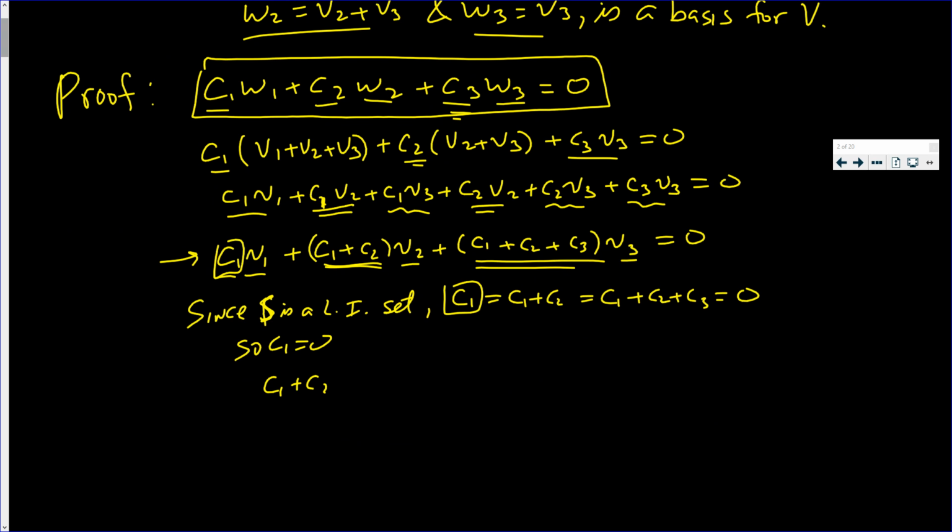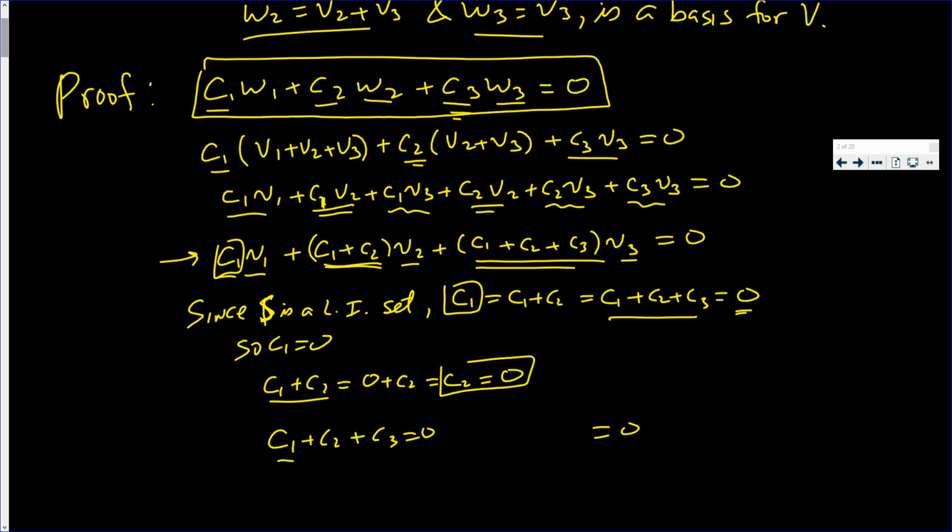So C1 plus C2 is equal to 0 plus C2, which is C2, and it too equals 0. That means C2 is 0. Now, if C1 plus C2 plus C3 equals 0, but we just learned that C1 is 0, plus C2 is 0, plus C3, this sum not only equals 0, but it equals C3.